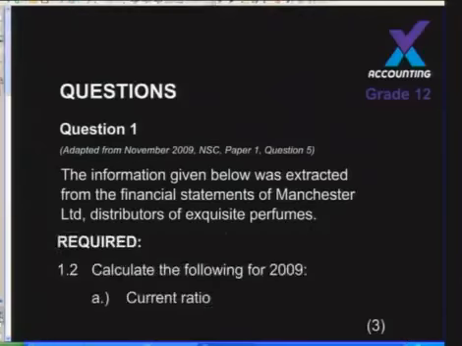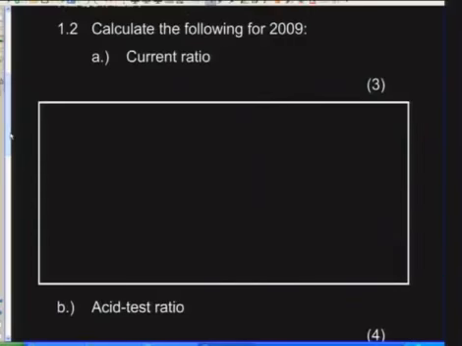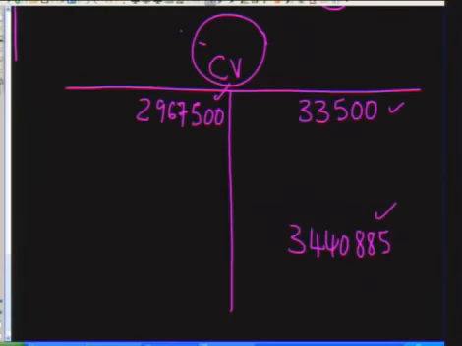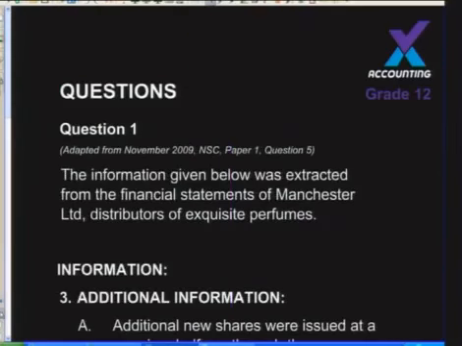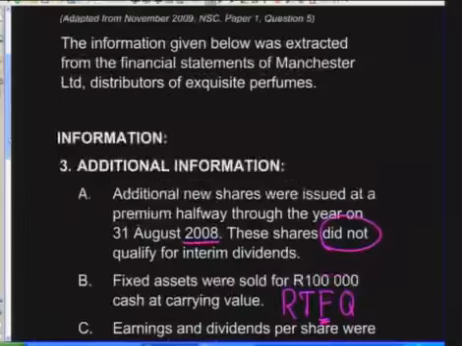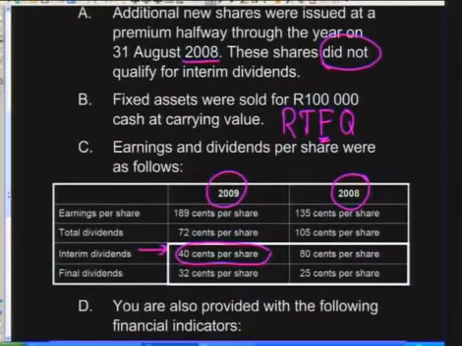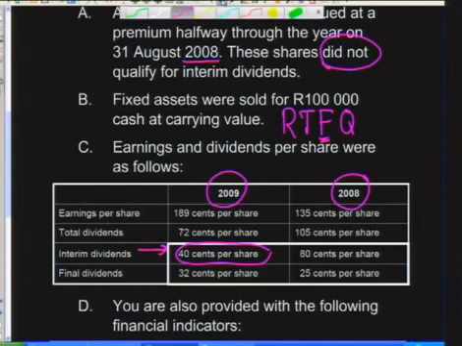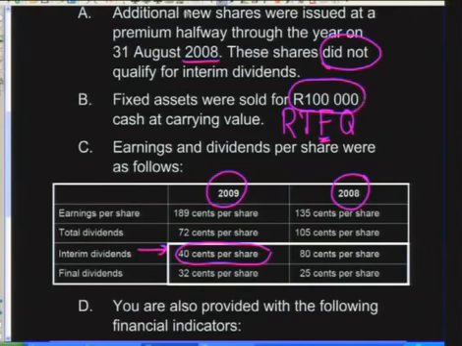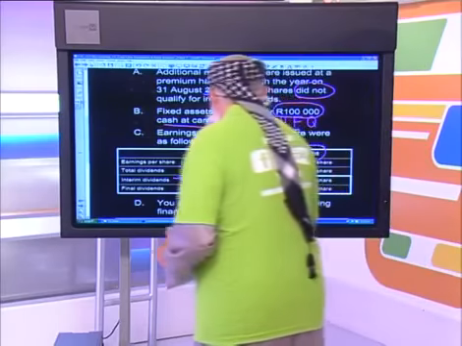Let's look at the additional information here. Fixed assets were sold for 100,000 rand. Cash at carrying value. So I've got the figure.